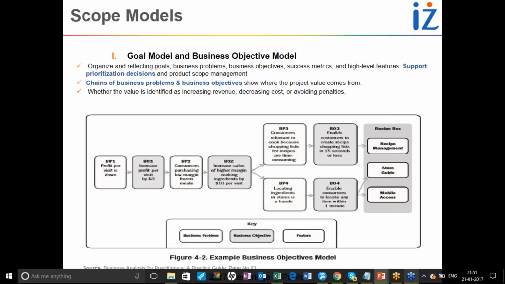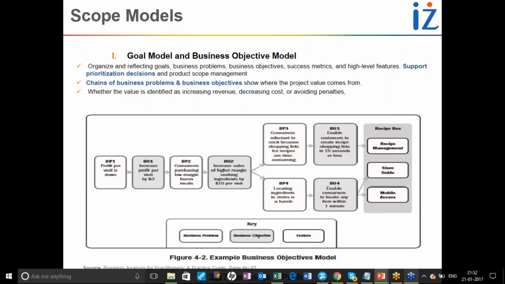So from this series of problem and objective analysis, ultimately we reach objectives 3 and 4: enable customers to create a recipe shopping list in 15 seconds or less. Means here you are moving towards measurable objectives. The customer should be able to create a recipe shopping list in just 15 seconds.